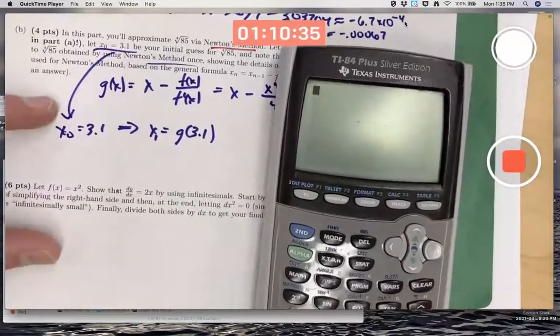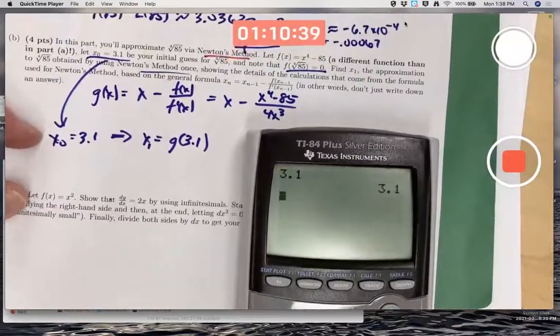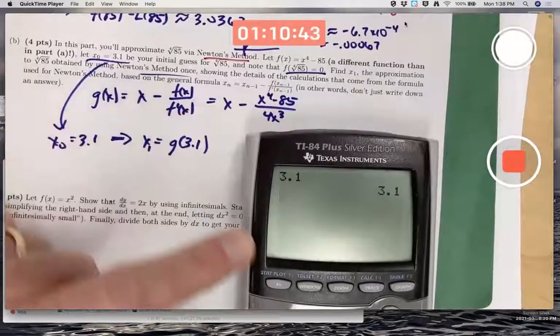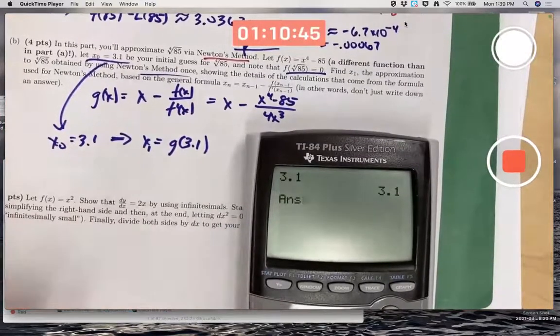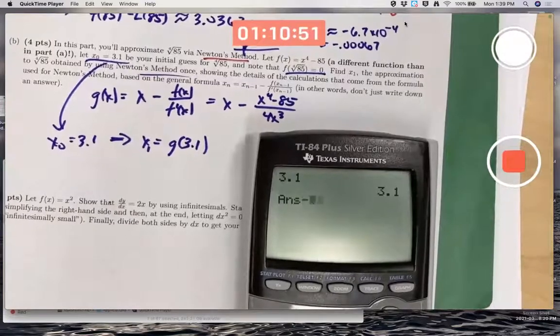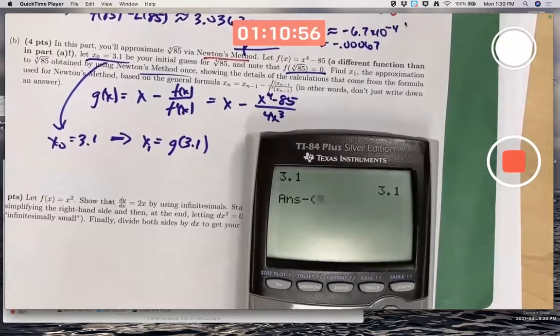I'll type in 3.1 here. That's my x0. I need to type that formula into the calculator by using the ans feature. You don't have to do it with the ans. You could just type the numbers in. But this will allow me to keep hitting enter and keep getting better approximations if I ask for that.